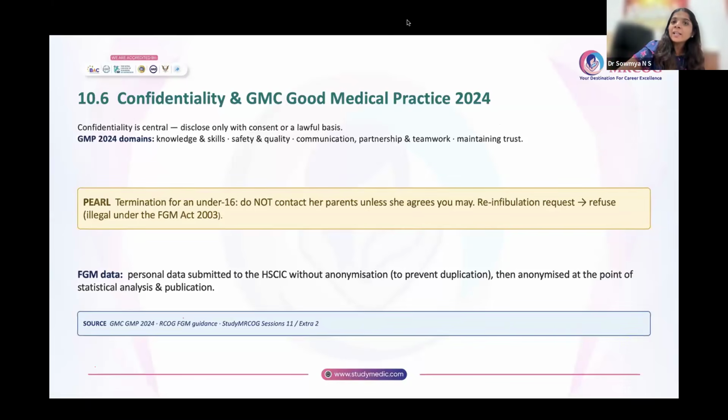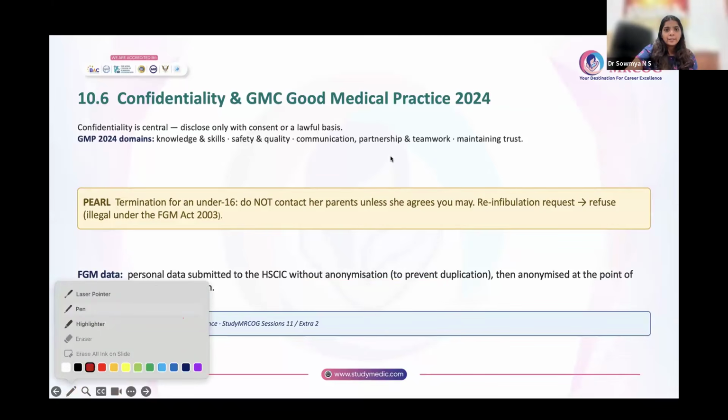Also confidentiality in re-infibulation: if somebody says you have to sew them back the way it was after FGM, those things you cannot help with, you won't be doing. And remember, FGM personal data is submitted initially without anonymization to prevent duplication, so that the statistics are proper. Once you submit without anonymization, everything else would be anonymized, so that duplication could be prevented.